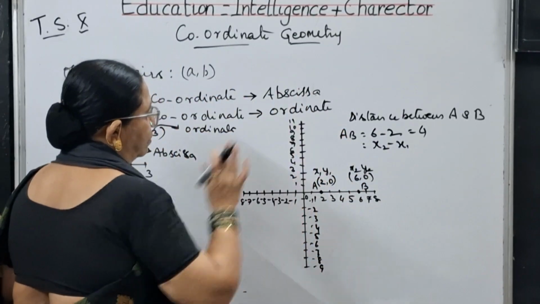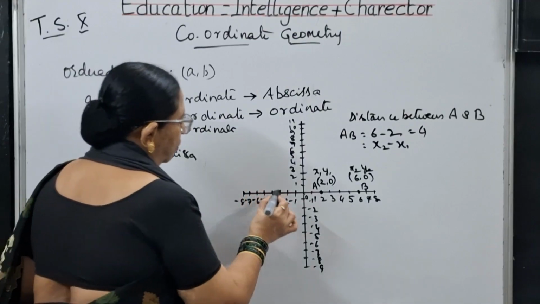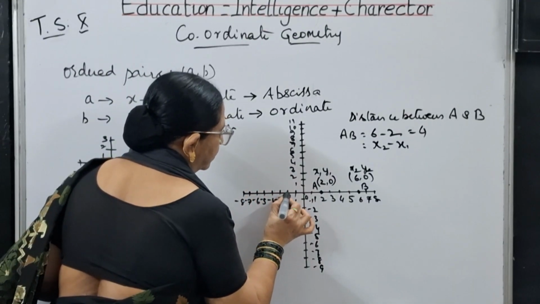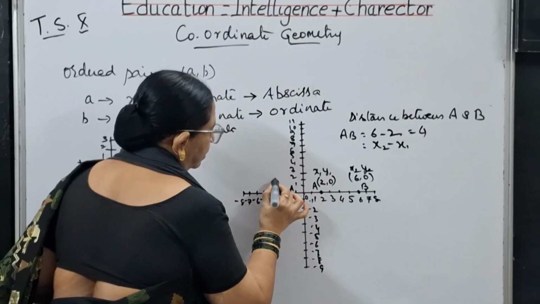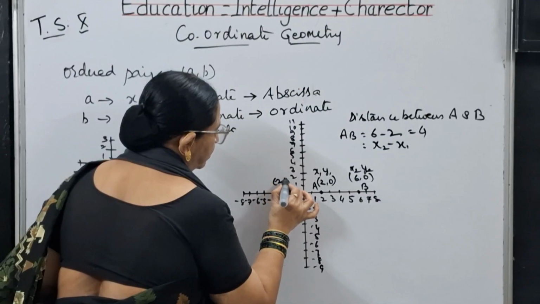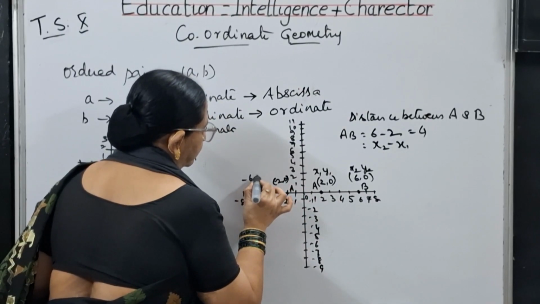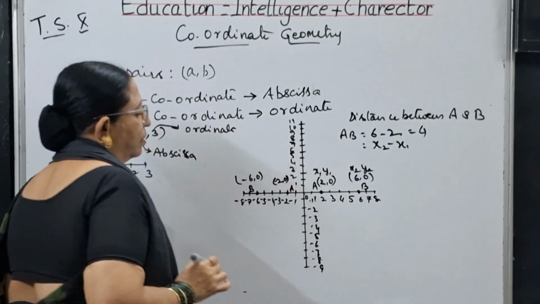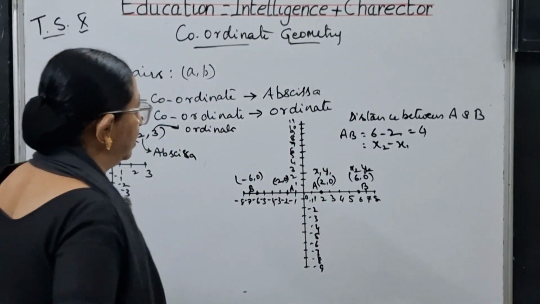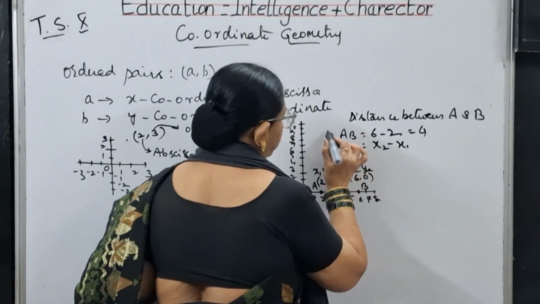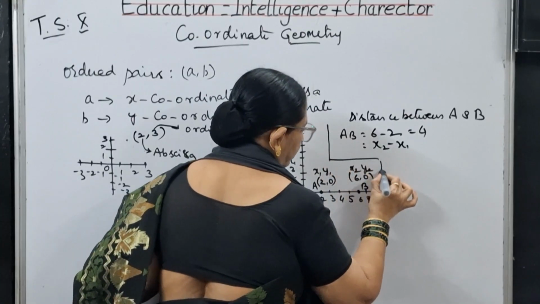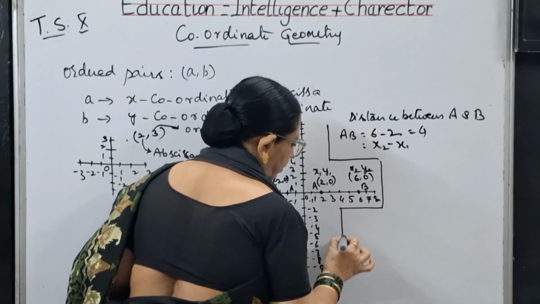Suppose the same points you have got it here. This is A, that is minus 2 comma 0, and this is B, minus 6 comma 0. So in this case, this is the explanation that I am giving here.